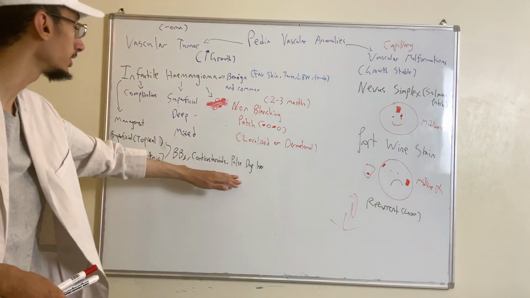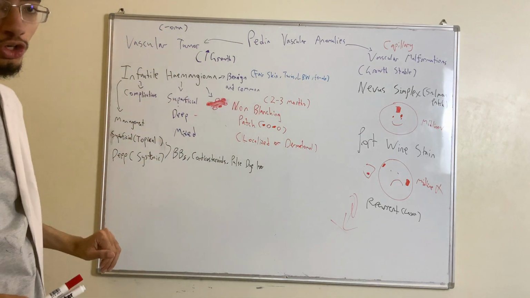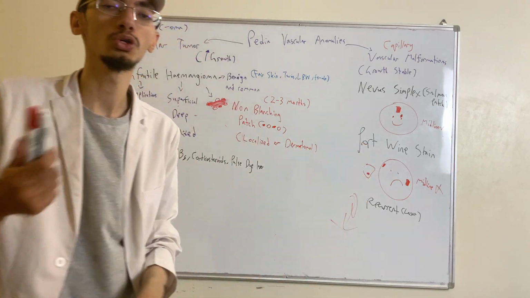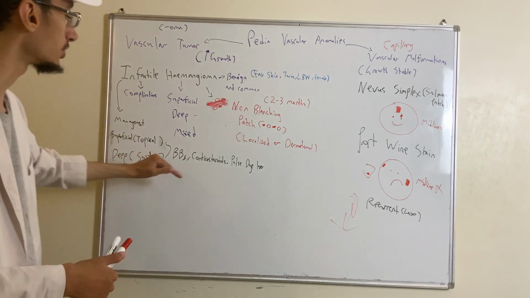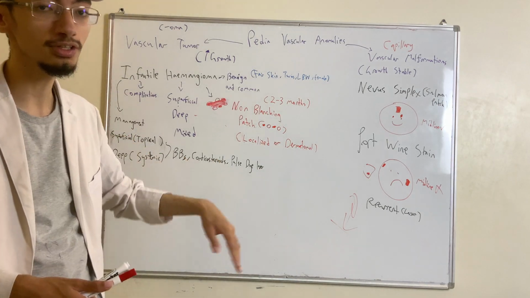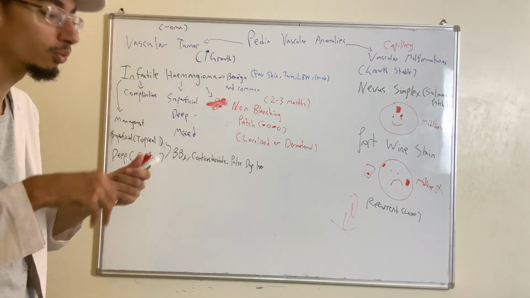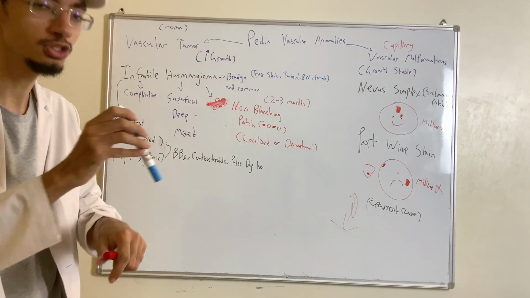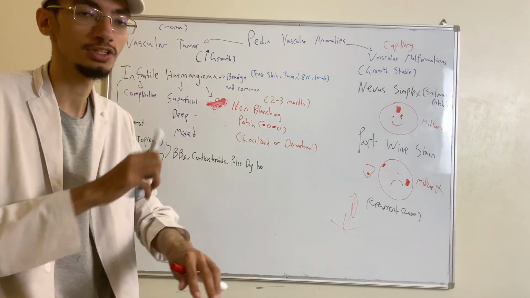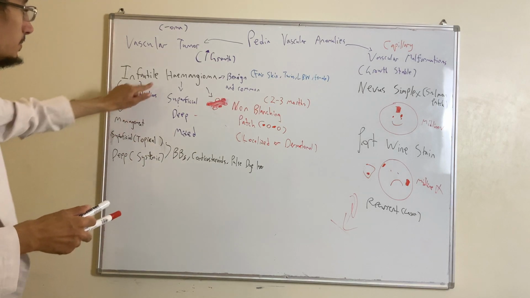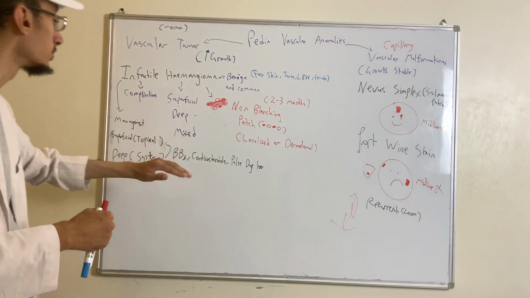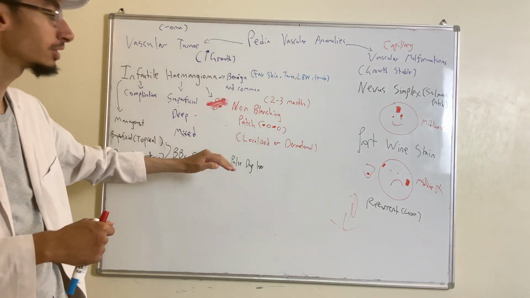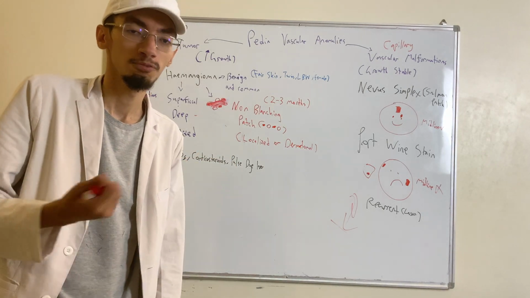So you can use it in superficial infantile hemangioma, and in port wine stain. Okay? But remember, these topical treatments, beta blockers, corticosteroids, pulse dye laser, are given at the skin level, regarding the superficial type of infantile hemangioma. So if you have a superficial infantile hemangioma, you can give topical beta blockers, topical corticosteroids, or a pulse dye laser.